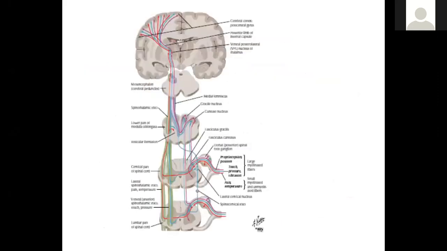So here we have an image that shows precisely how those fibers originating from the spinal cord ascend and then cross the midline here, forming the arcuate fibers to ascend in the medial lemniscus and then get to the parietal cortex.